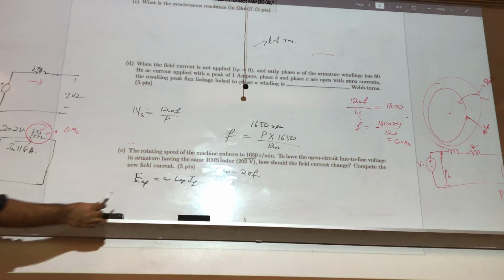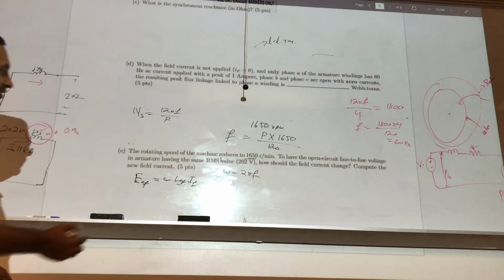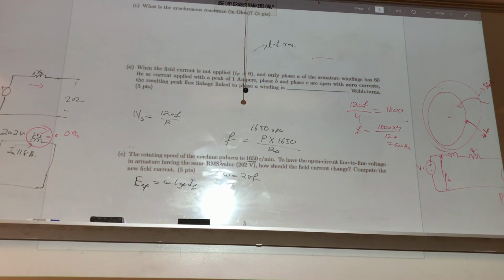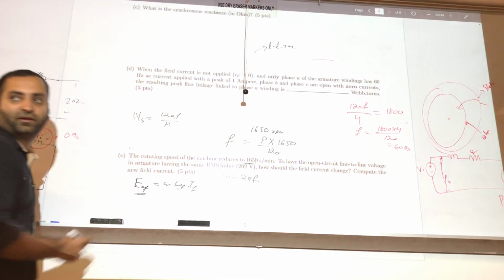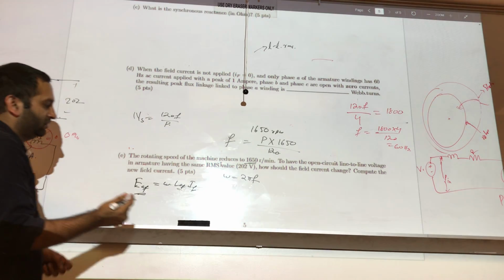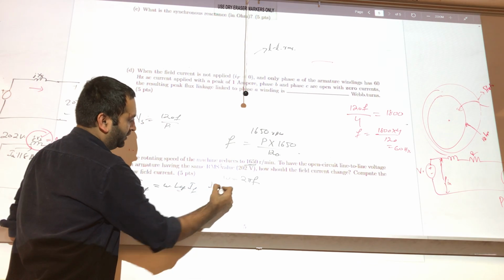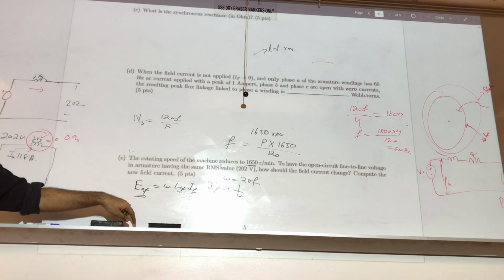So we know omega, we know L_AF, and it says that E_AF doesn't change, it's the same. So how does the field current change? I_F is inversely proportional to omega, right? Everything else is the same. L_AF is same, E_AF is same.